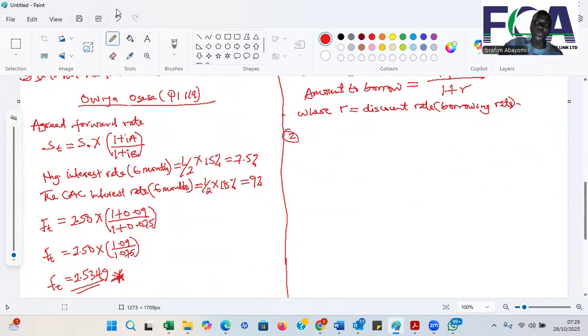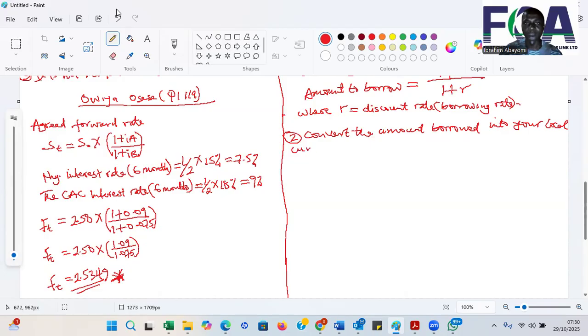This amount you have borrowed, you borrowed it in the foreign country, so you need to convert the amount borrowed into your local currency at the spot exchange rate.